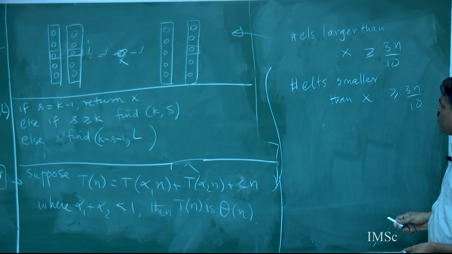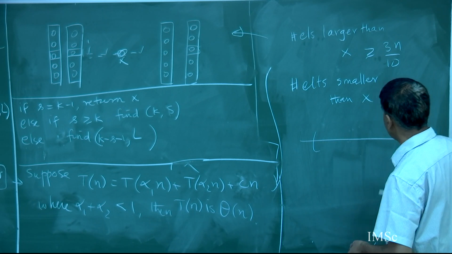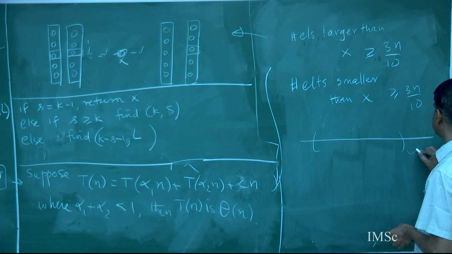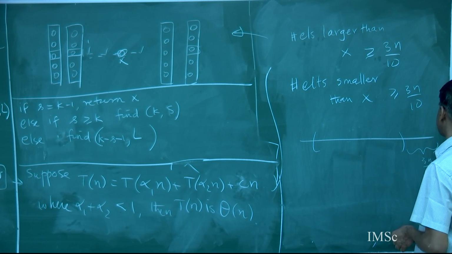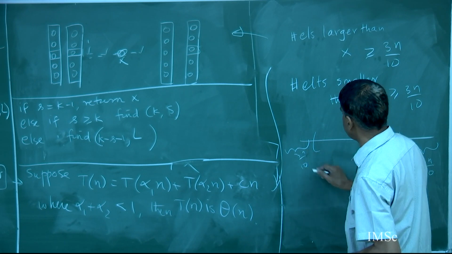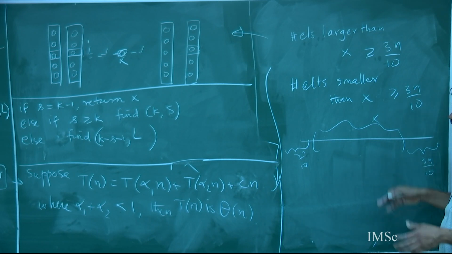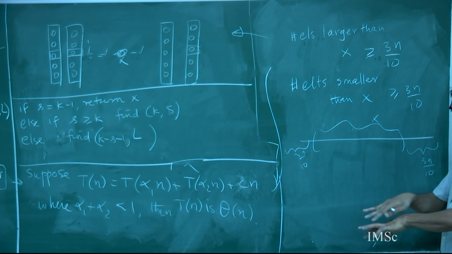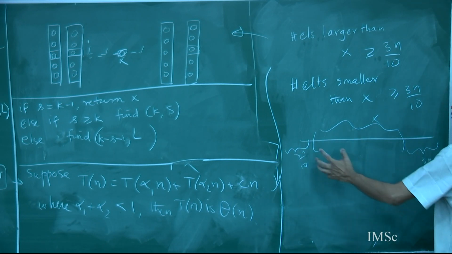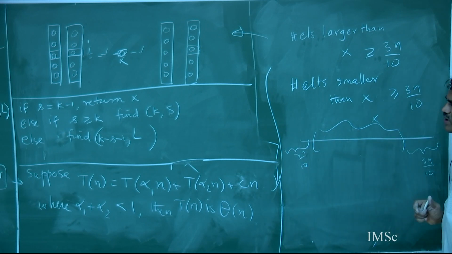So what does this mean? In this list, if you look at the rank of x, at least 3n over 10 elements are bigger than x, and at least 3n over 10 elements are smaller than x, so x is in this range. So when I compare with x and partition and then recurse on one portion, if I recurse on larger than x, these 3n by 10 elements are out, and if I recurse on the other portion, those are out.